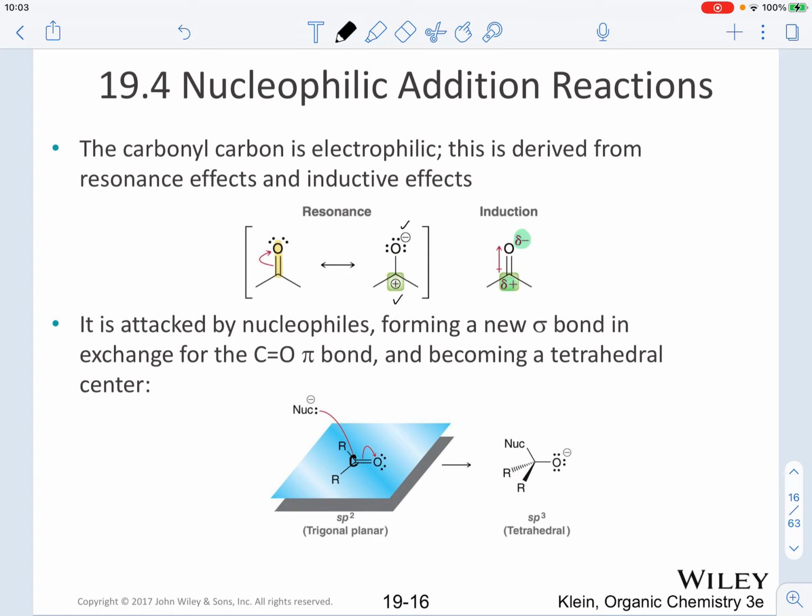When that happens, we're going to be forming a new sigma bond, which I highlighted in green, between the nucleophile and the carbon in the carbonyl, and the electrons are then placed on the oxygen atom, and as you can see, it becomes negatively charged. Overall, once these nucleophiles attack the carbon in the carbonyl, then that center becomes an sp3 hybridized center, and it is tetrahedral.